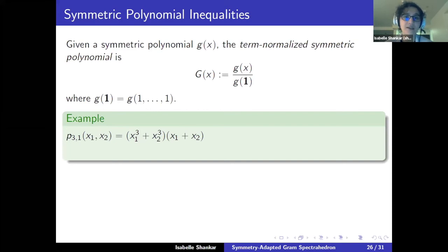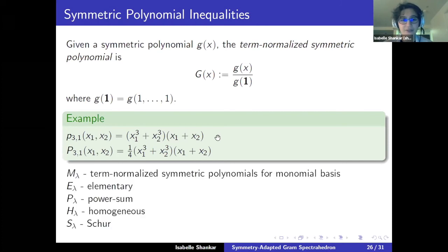And so the term normalized symmetric polynomial capital P with respect to partition 3(1) is just the same thing multiplied by 1/4. This notation is what I will use for the common symmetric polynomial bases. For the monomial basis, I will use capital M lambda. Similarly for the elementary, power sum, homogeneous and Schur polynomials.